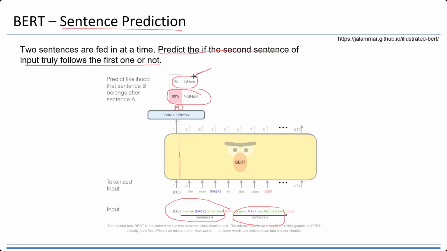Is next means it truly follows. Not next means it does not follow. So if this one is "The man blah blah blah to the store," and the second is "Penguins blah blah blah are flightless birds," of course, it is not correlated. Because it is not correlated, the probability of not next is high. So this is the sentence prediction.